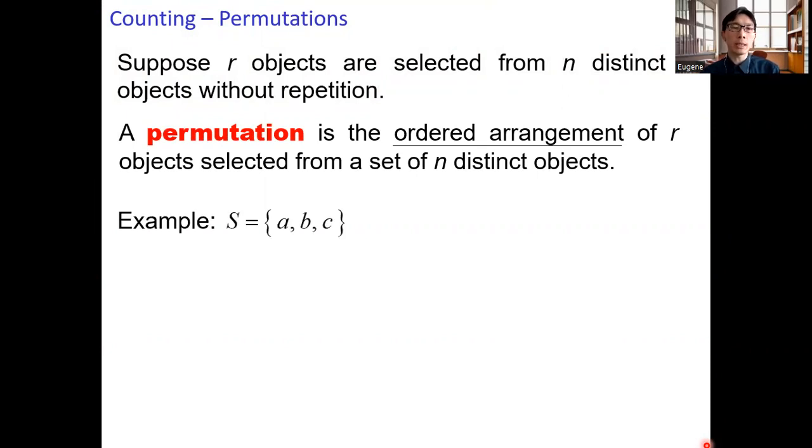Suppose the sample space consists of three letters A, B, and C. And now we are going to rearrange these three letters in order.